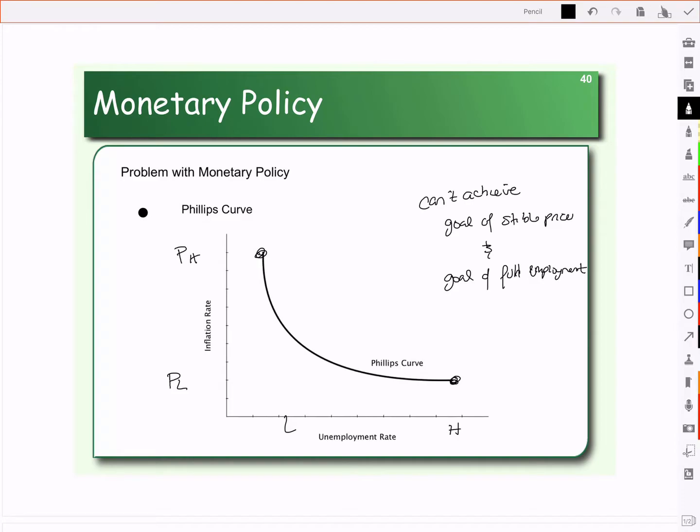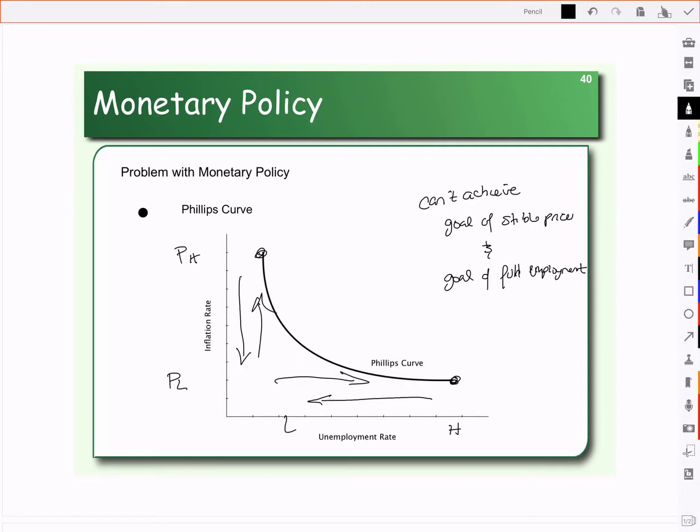You can't achieve those simultaneously, because if you want the unemployment rate to go down, it's going to cause prices to go up. And if you want to make prices go down, it's going to cause the unemployment rate to go up. So because these goals conflict, you can't do both.